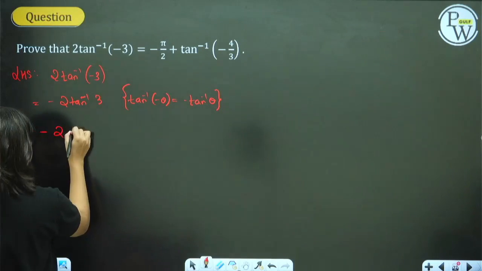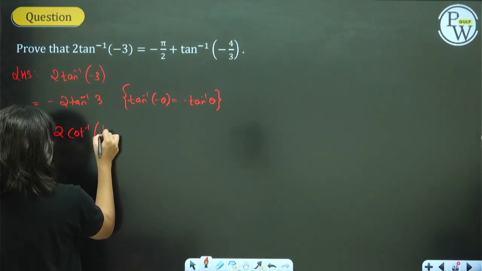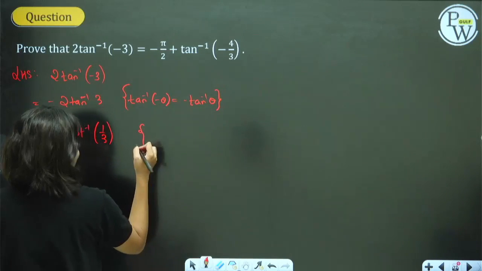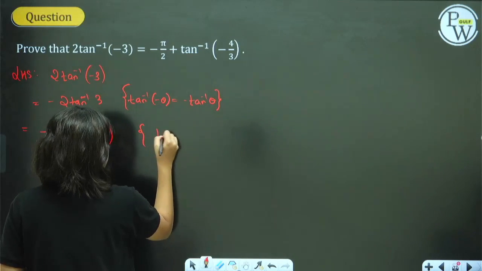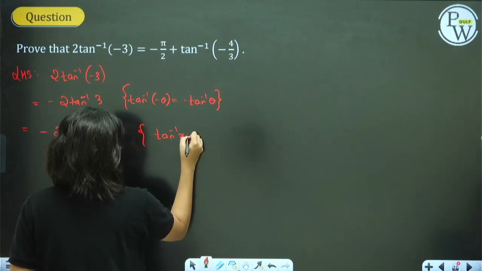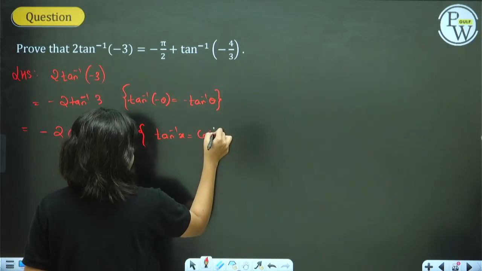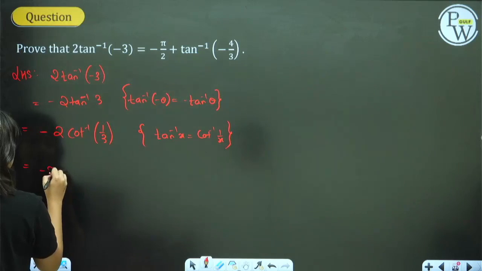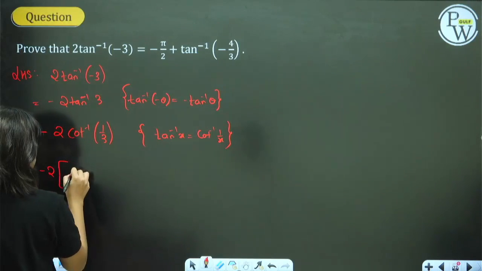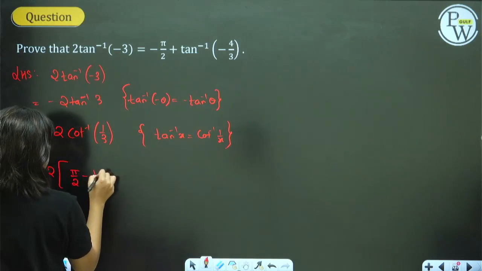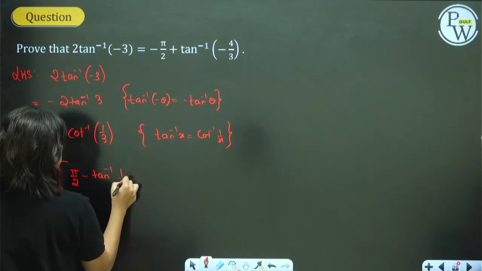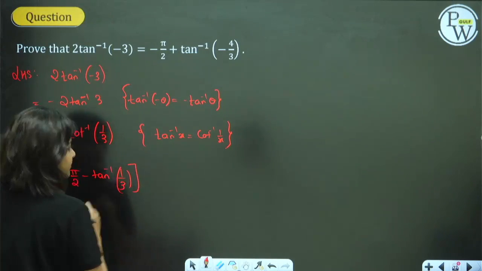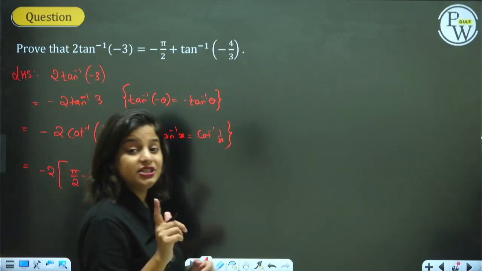Why am I doing that? Practice. What is the property formula used? Tan inverse of x is the same as cot inverse of 1 by x. Next step, I am writing this cot inverse as pi by 2 minus tan inverse of 1 by 3. What is this property? The complementary property.